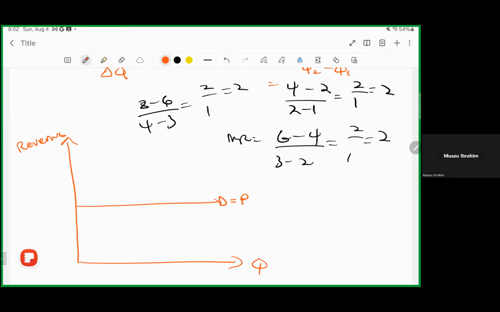Price being fixed, and that price is the same thing as average revenue. And that average revenue is the same thing as marginal revenue. Which means that for a perfect competitive market, price is the same thing as average revenue, which is the same thing as marginal revenue.